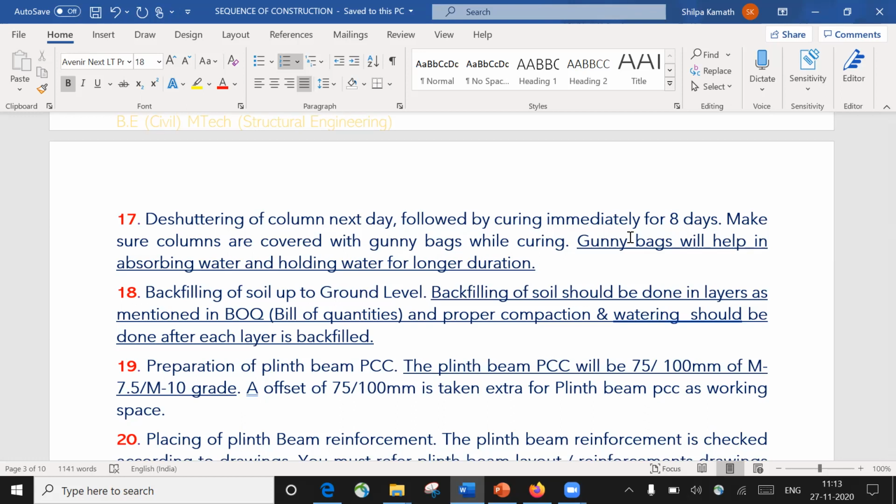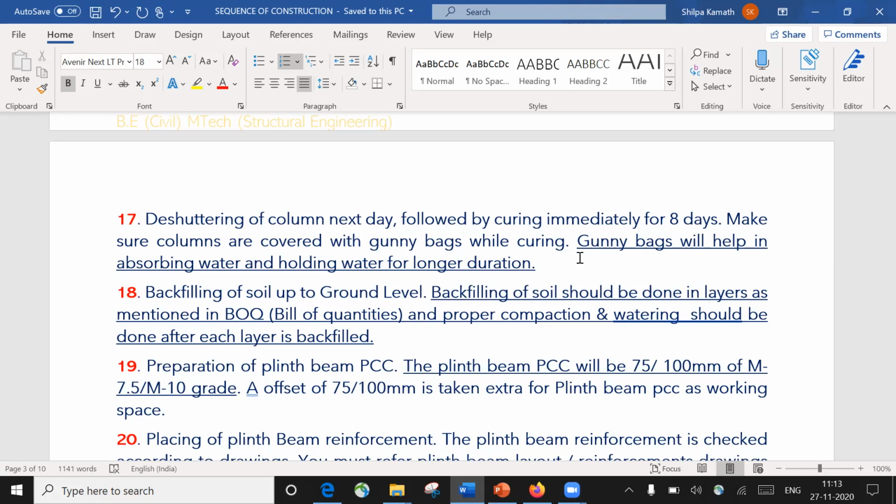And usually when you work in big projects, once the column is cast, we write the date on that particular column. Because if it's a small house, you will have hardly 15, 20, 25 columns, and that is not an issue. But if you work in big companies, you will have more than 100, 150 columns. In that case, you never know which column was cast on which day.